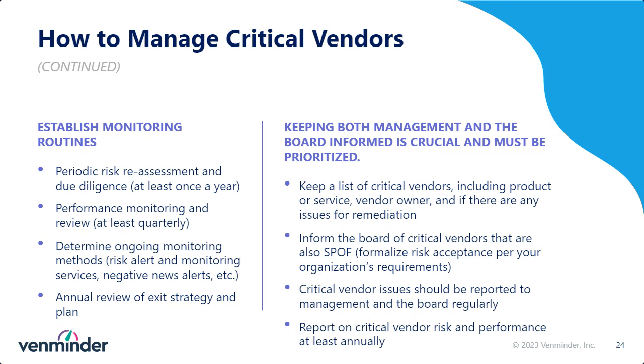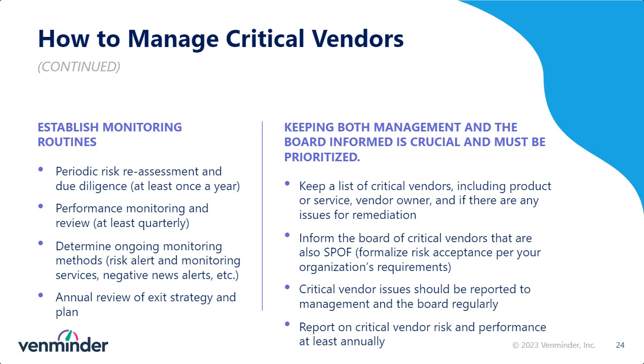We also need to think about how we're going to monitor these vendors. So we can do risk alert and monitoring services, negative news alerts, read industry journals, etc. And we want to have an annual review of that exit strategy and plan.